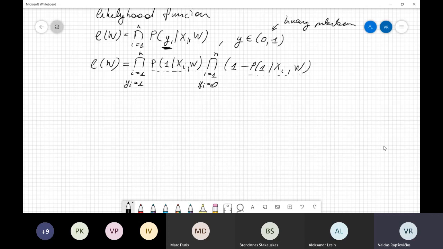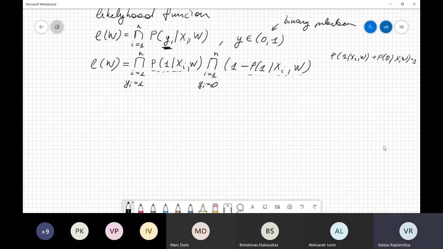We have a rule that the probability of being in class 1, given xi and w, plus the probability of being in class 0, given xi and w, equals 1, because it is either 1 or 0 and there are no other options. So we can take the 1 to the other side, and this can be expressed like that.